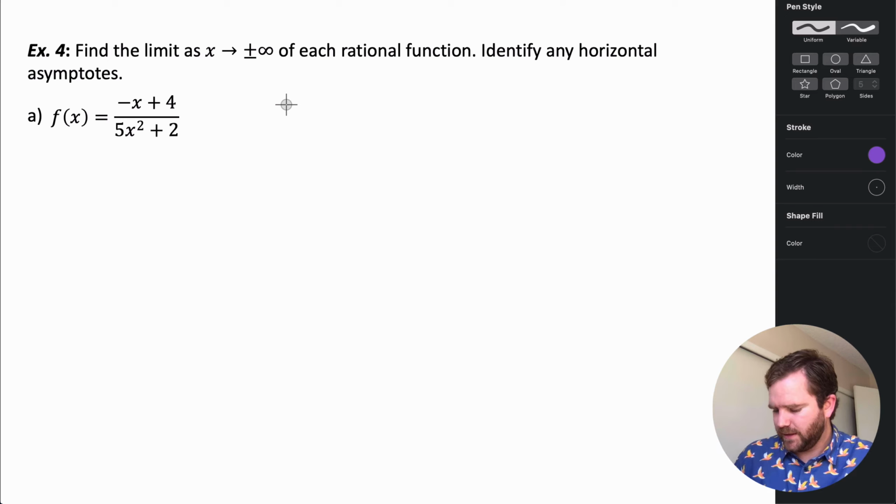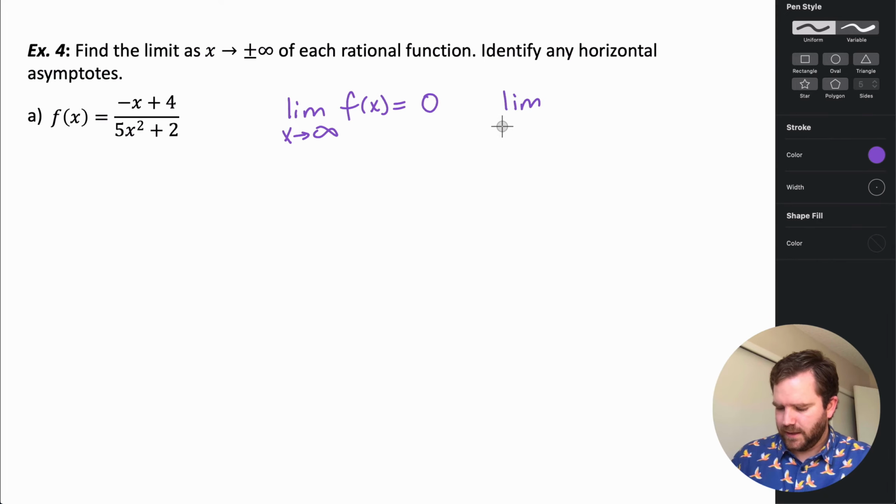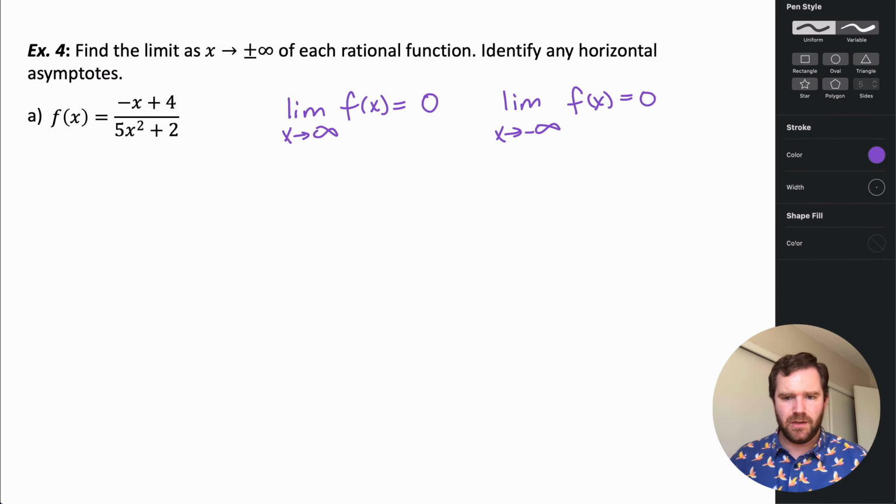I'm presuming, not assuming, that the limit as x goes to infinity of f of x is going to be 0, and the limit as x goes to negative infinity of f of x is going to be 0. Why is that? The way we can verify this analytically is by taking all of these terms and dividing by the highest degree in our denominator.